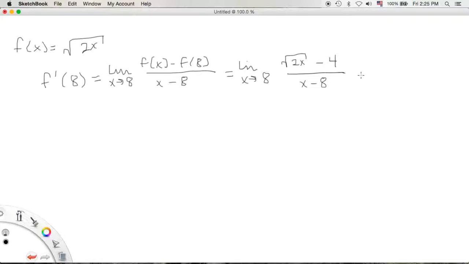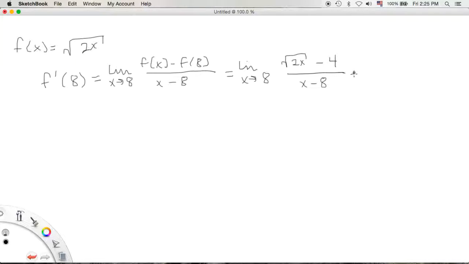I know you guys think I just pull these things out of the air, but if you look at this top part, you'll see that if you square this one and square this one, you have 2x minus 16. Then I could factor out my 2, and I'd have that x minus 8 to be able to cancel it. But how do I get that?